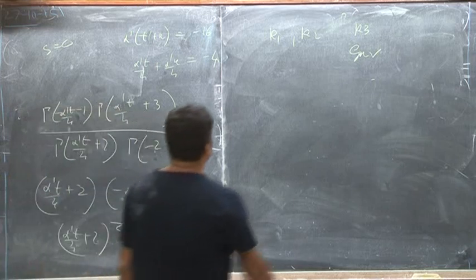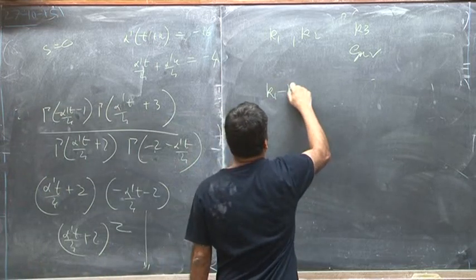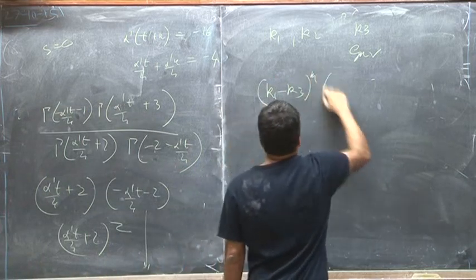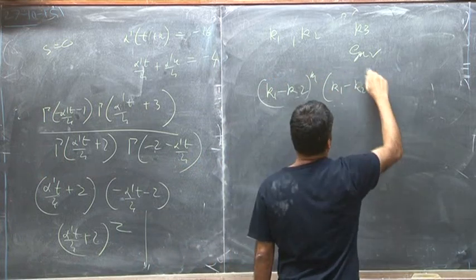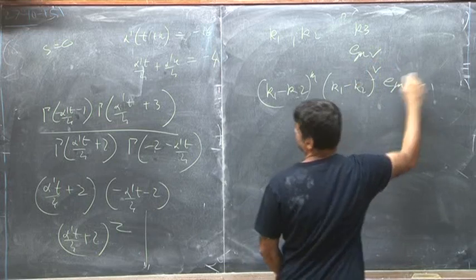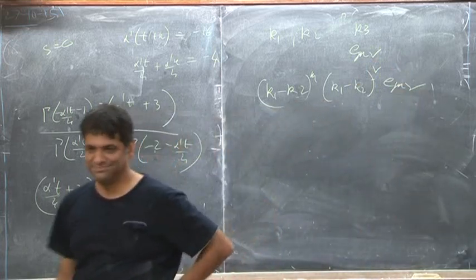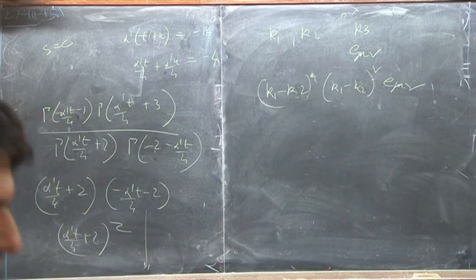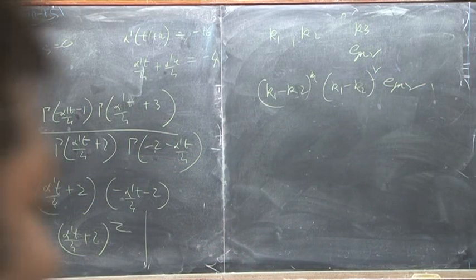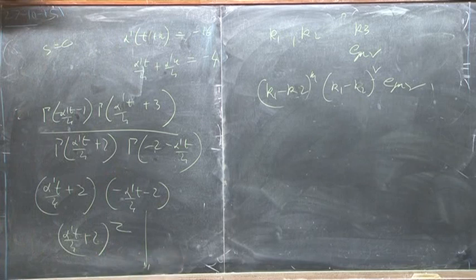So basically what you get is (k1 minus k3)^μ, (k1 minus k2)^μ. That is the 3-point function of tachyon with graviton.